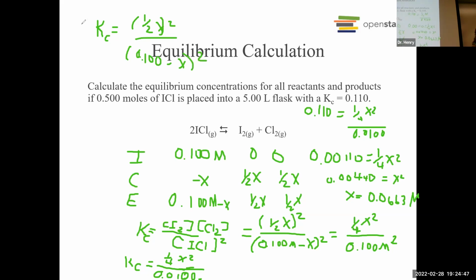So if I take the square root of both sides, including my Kc, the square root of the whole thing.